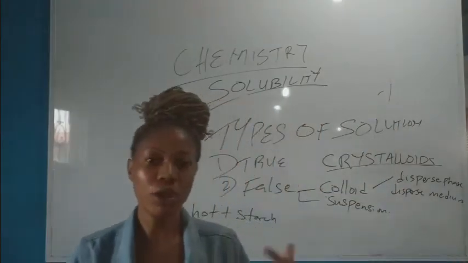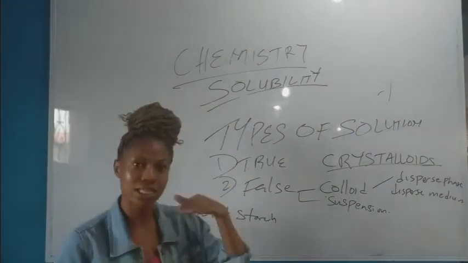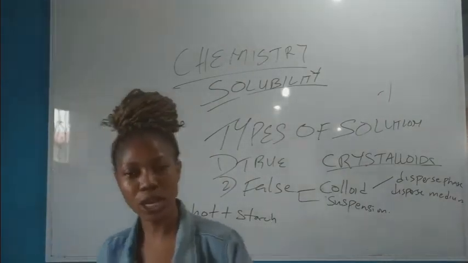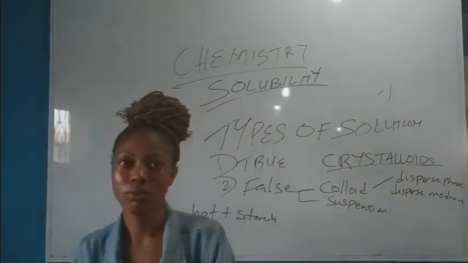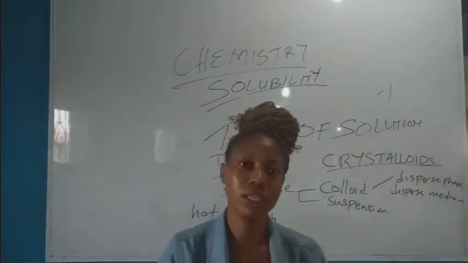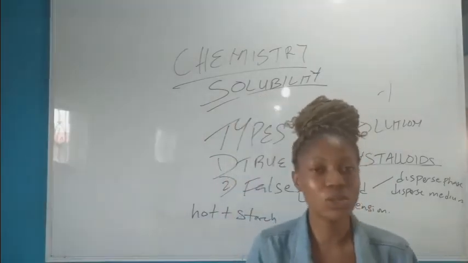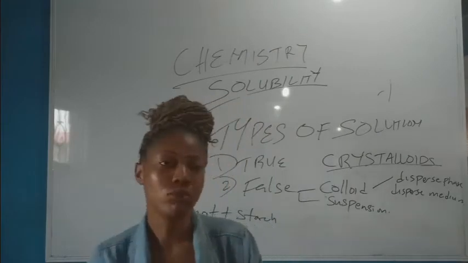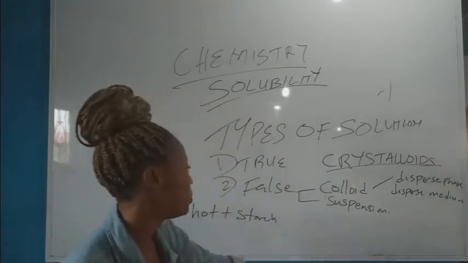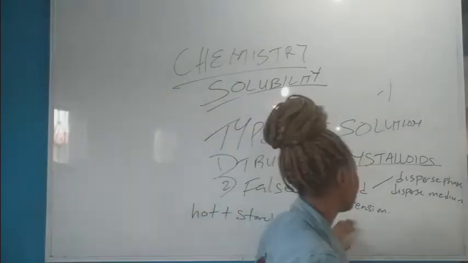By filtration. For example, when your muddy water stands, you get the sand under and the water up, so you can easily filter the water away from the sand. It is a very good difference between colloid and suspension.